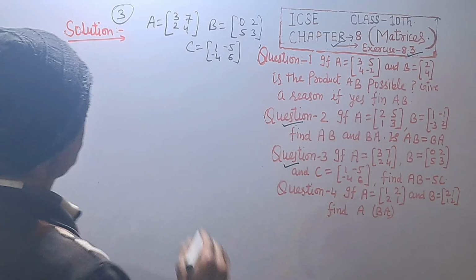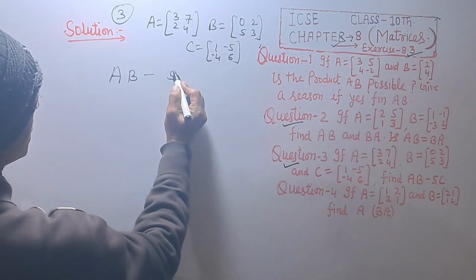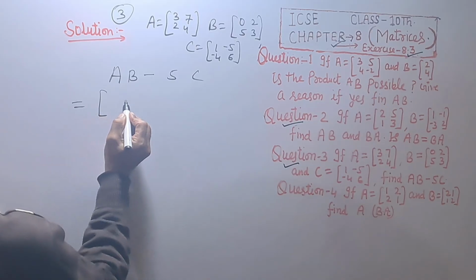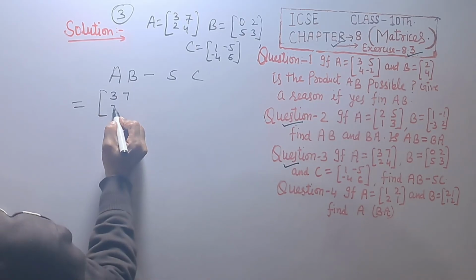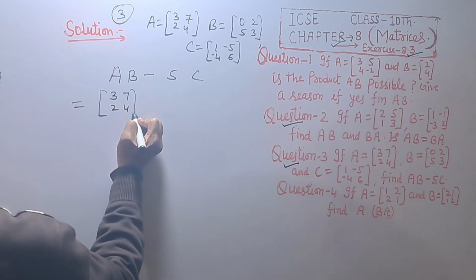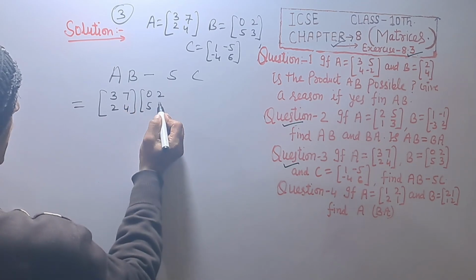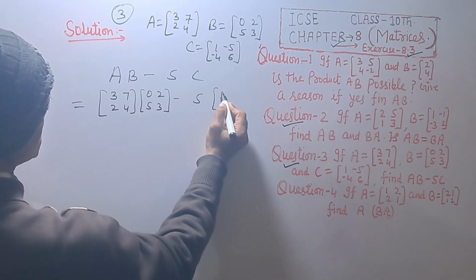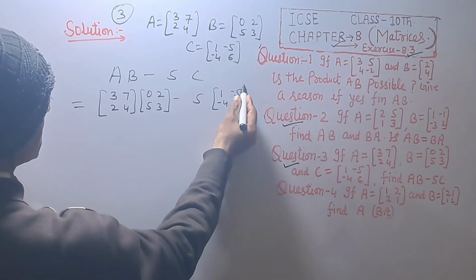And we find AB minus 5C. A is 3, 7, 2, 4 and B is 0, 2, 5, 3. Minus 5 into C, which is 1, minus 5, minus 4, 6.